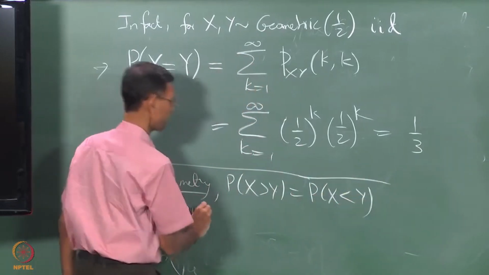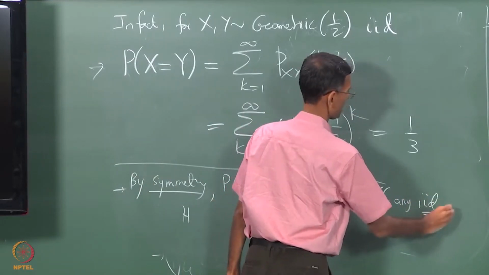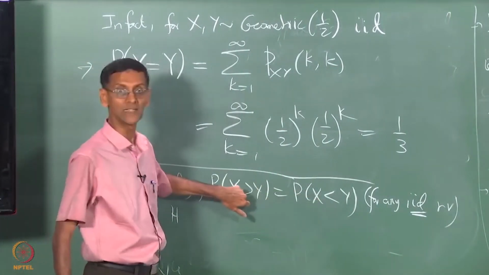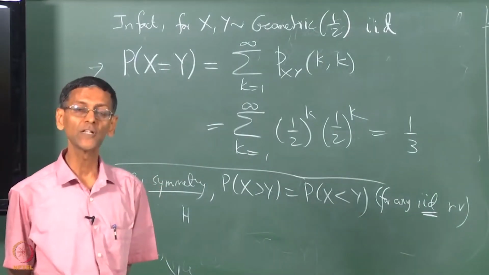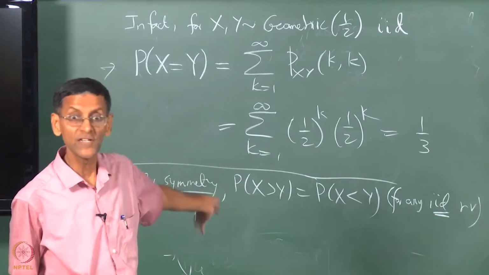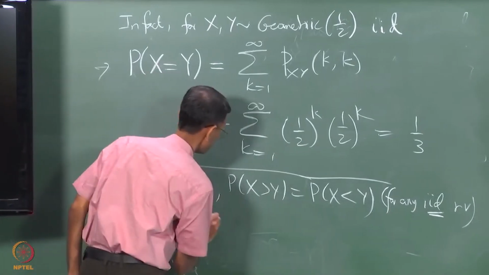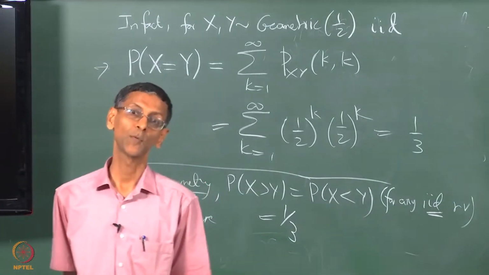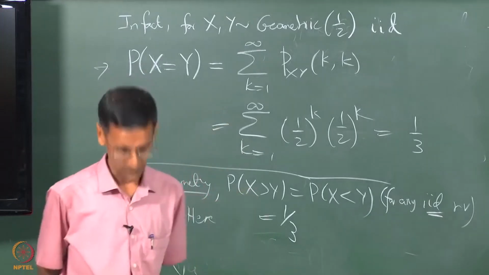Remember I am not using equals anywhere: x is strictly greater than y and x strictly less than y. I am deliberately leaving out the equality, because as we said earlier, you cannot add it to either side, then you destroy the symmetry. So here all 3 events have the same probability.